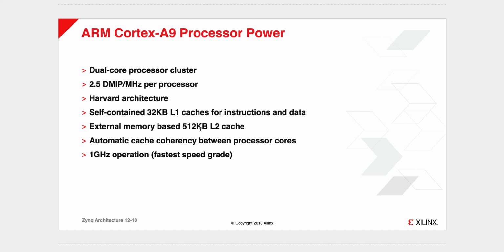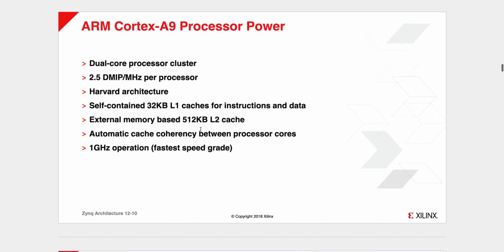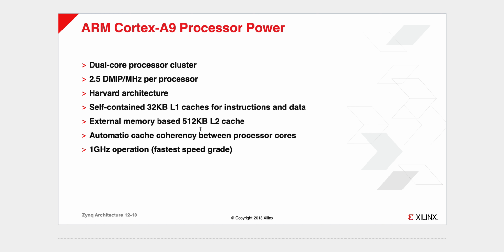This is large, as you can see. It's 512 kilobytes as compared to the level 1 cache, which is 32 kilobytes, so as to provide additional storage for the L1 cache. And this storage is needed for data and instructions that don't fit in the level 1 cache.